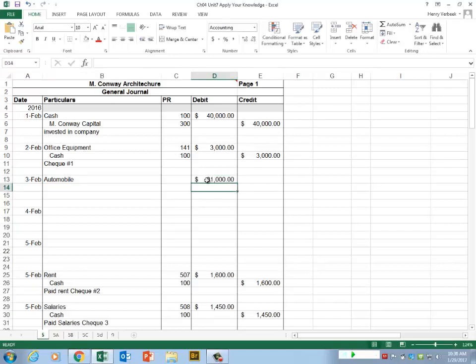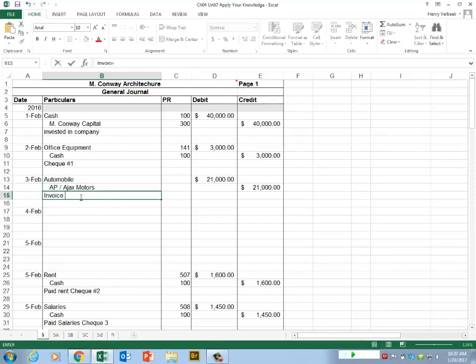We know there must be a reciprocal transaction of 21,000, and it says it was on credit. So that's going to be AP Ajax Motors. And the particular is invoice 7469.